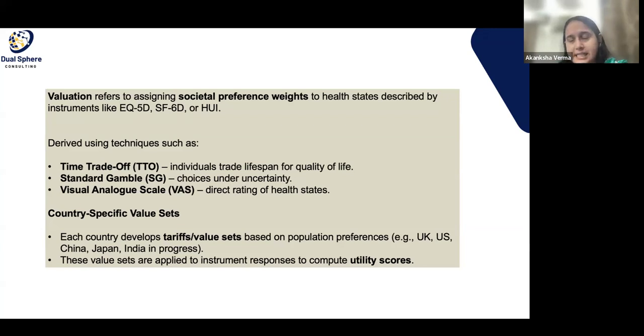So there are chances that you will find that the utility value for mild asthma is different for the UK, different for the US, and different for India. It's because it's based on their own social preference weights. These value sets are applied to instrument responses to calculate the utility scores. Next slide, please, Rucha.